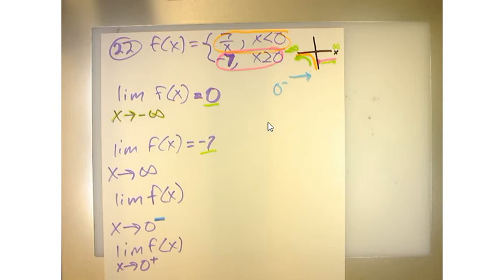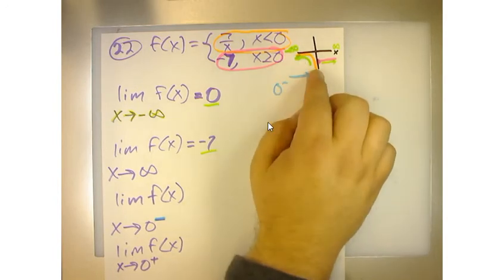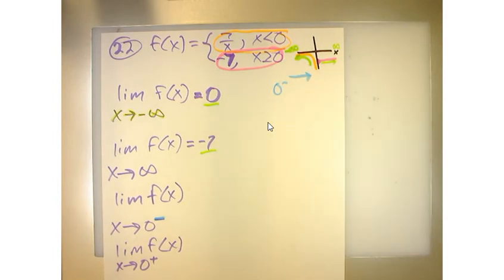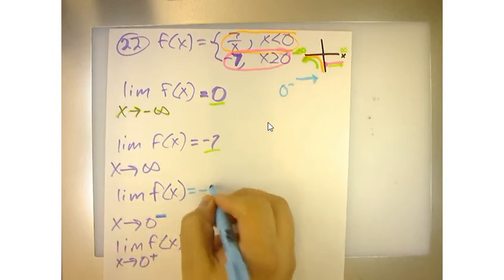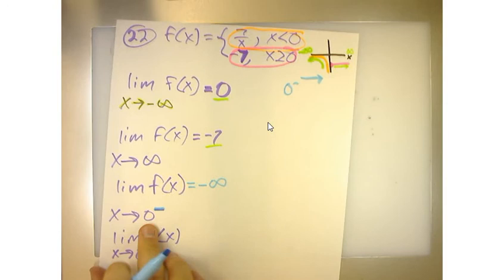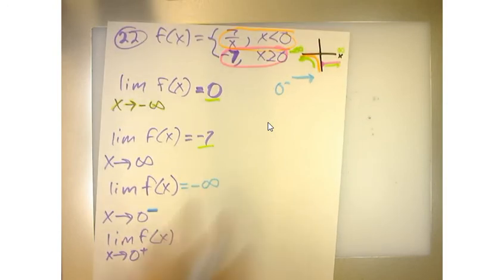So I'm going to follow the curve this way, and what does it look like my y value is approaching? So as x approaches 0 from negative infinity, what is my y value approaching? I said the answer. It's negative infinity, right?